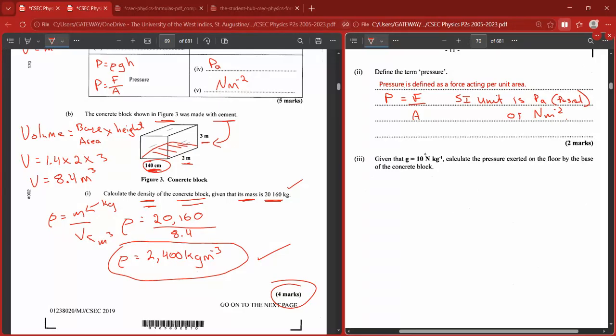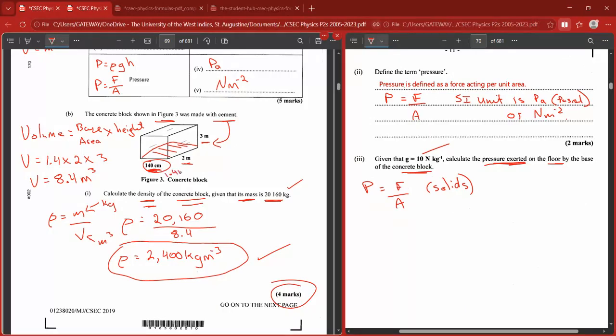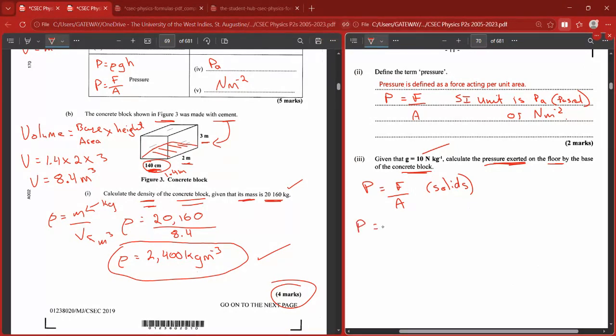Part 3, given that gravity is equal to 10, calculate the pressure exerted on the floor by the base of the concrete. So we know that pressure is equal to force all over area. Pressure in solids, that is, right? The area of the bottom piece would be, remember this was 1.4 meters, so it could be 1.4 times 2. The force is basically mass by gravity, because force in this case is really the weight.